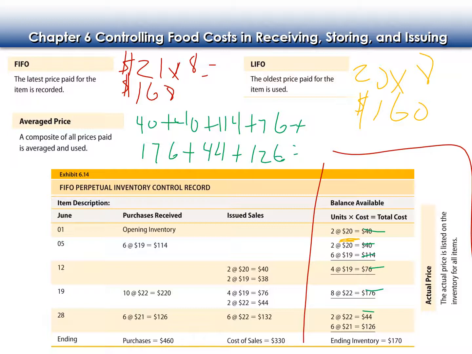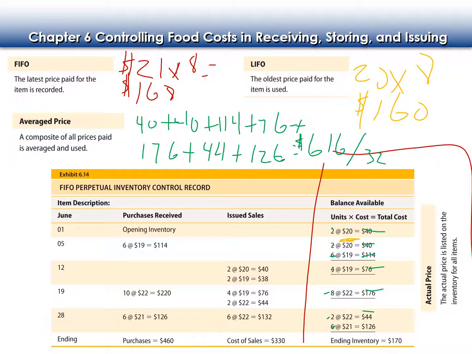Gives me what? 616. What number do I divide that by? I've got to do 2, 4, 10, 14, 24, 26, 27, 24, 26, plus 6 is 32.